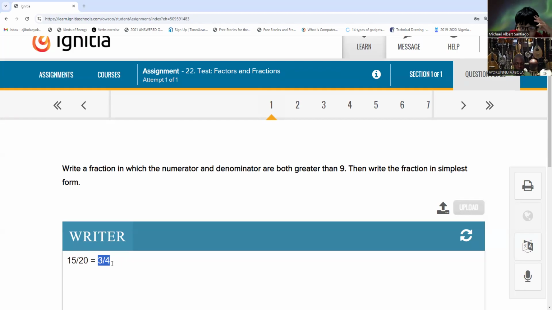4 over what? Maybe 4 over 12. Now, reduce it to lowest term. 4 over 12. How can you reduce it to lowest term?